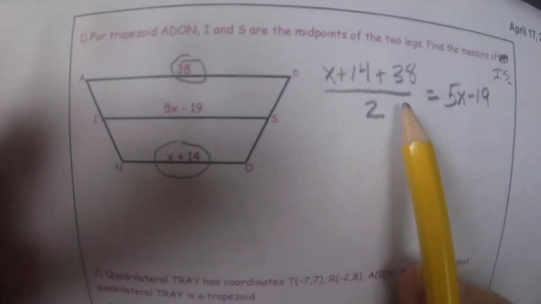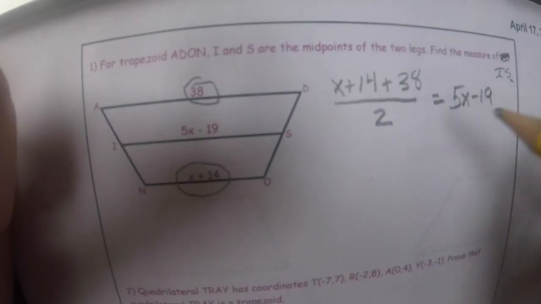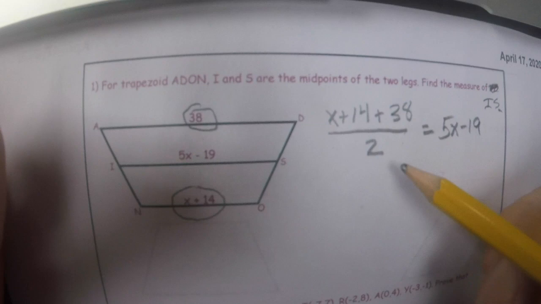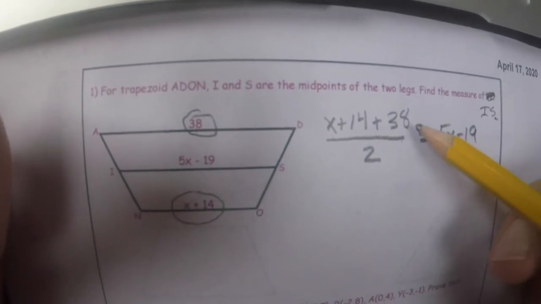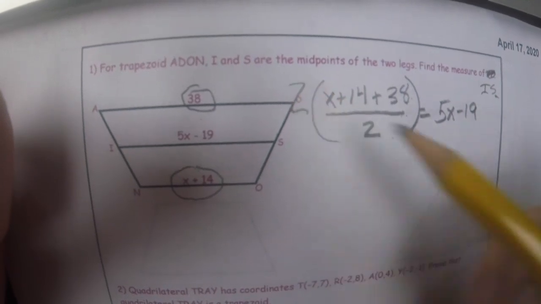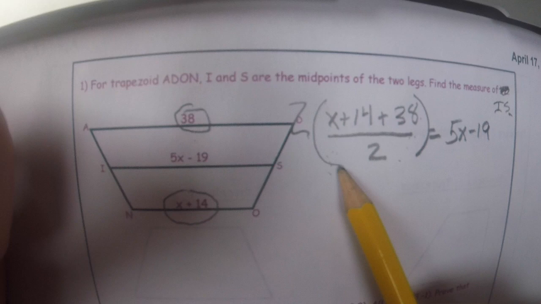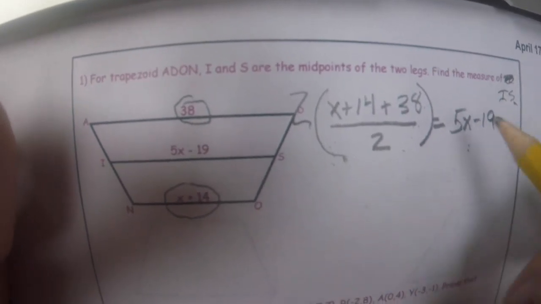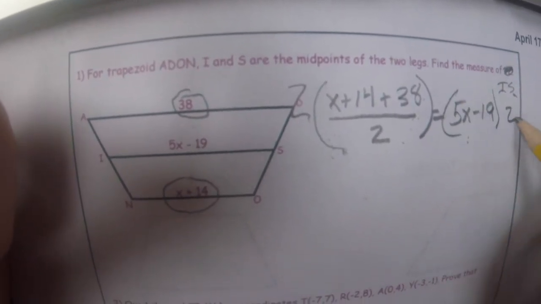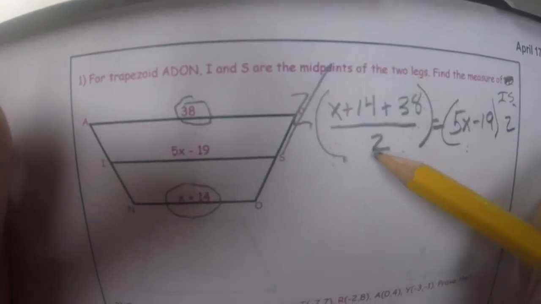Well, here's how I would start. Since I'm dividing this whole expression by 2, in order to get this 2 out of here, I have to do the opposite. So what's the opposite of dividing by 2? Multiplying by 2. And if I multiply this side by 2, I can't do something to one side without doing it to the other side, so I am going to multiply this side by 2 also. And then boom, these 2's will cancel out.